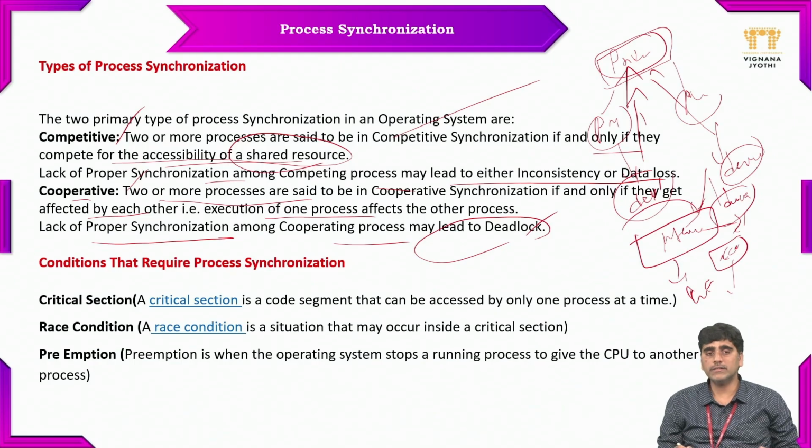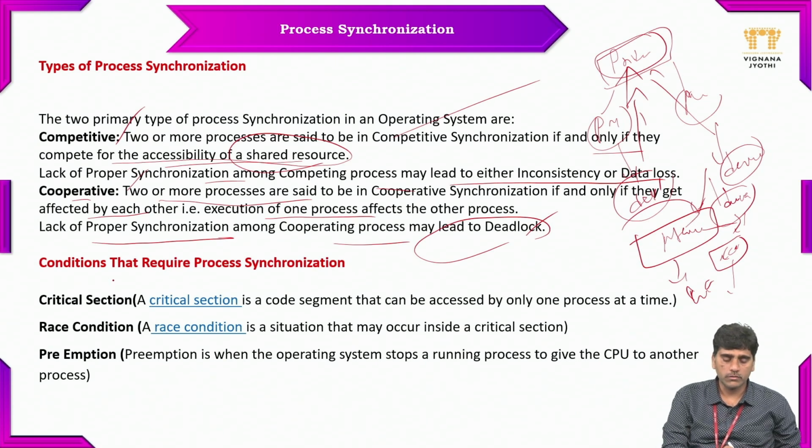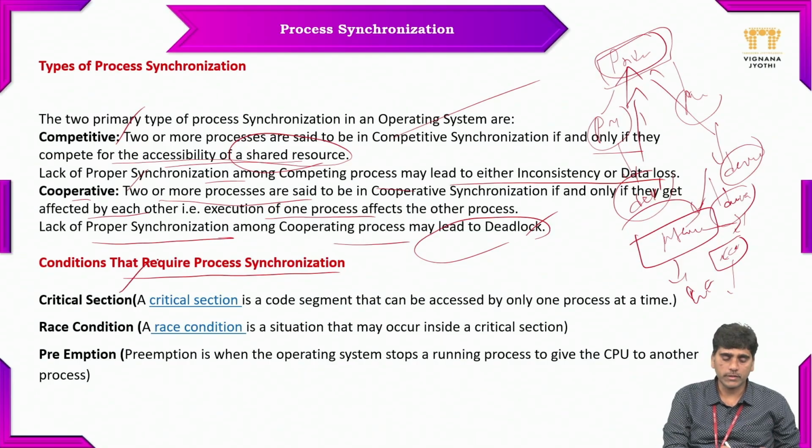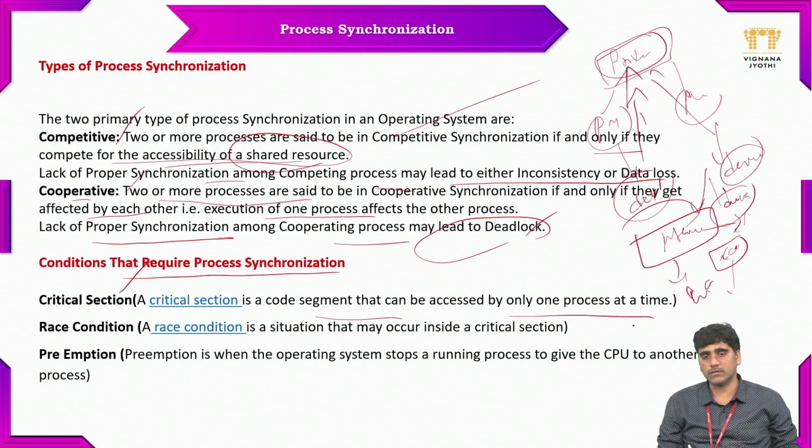So what are the conditions that require process synchronization? The first one is the critical section. It is a code segment that can be accessed by only one process at a time.